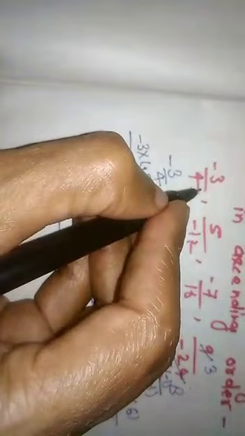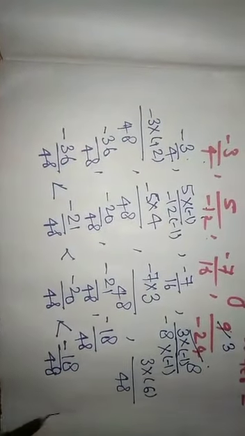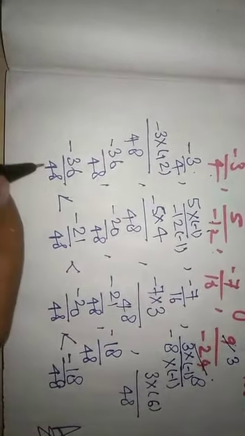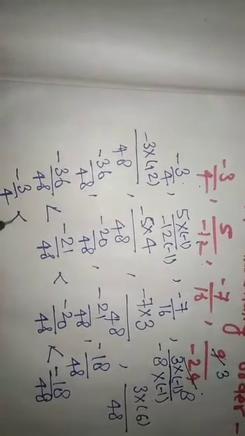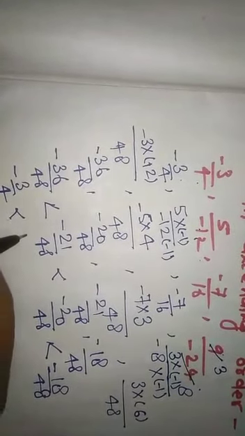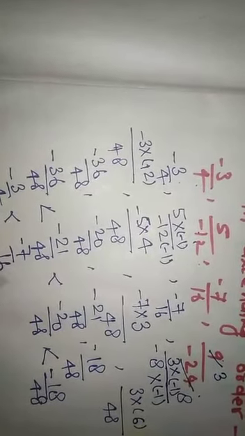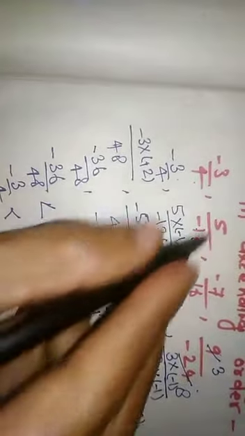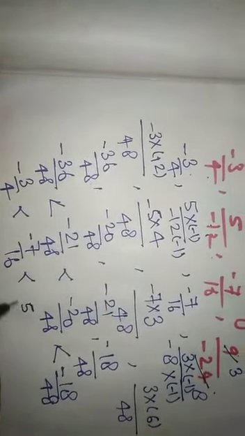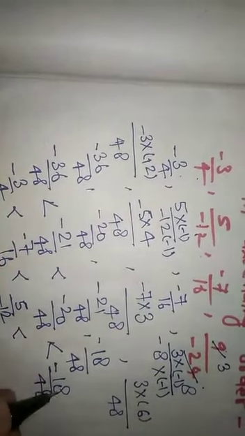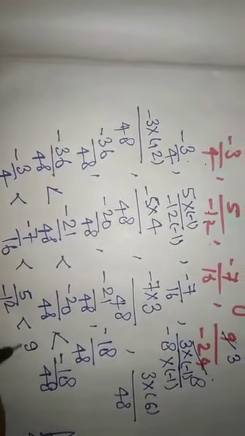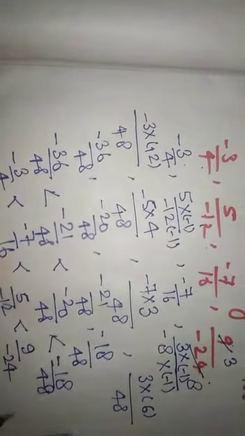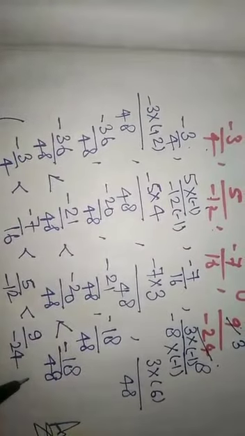It can be written like this. This is your answer. It can be written as minus 3 by 4, minus 7 by 16, and this is 5 by minus 12, and this is 9 by 24. This is your answer.